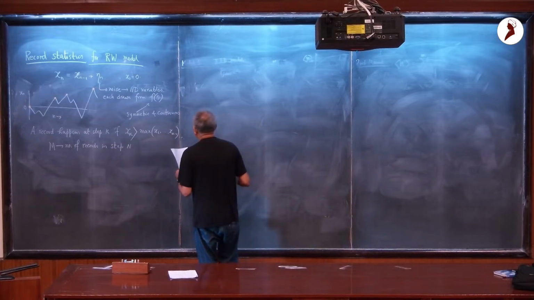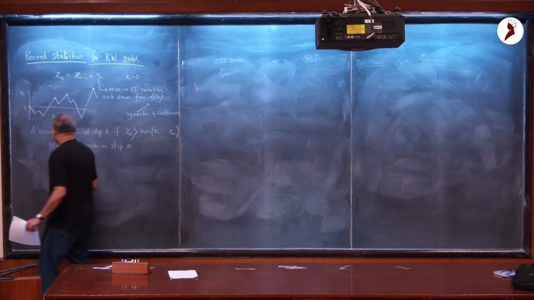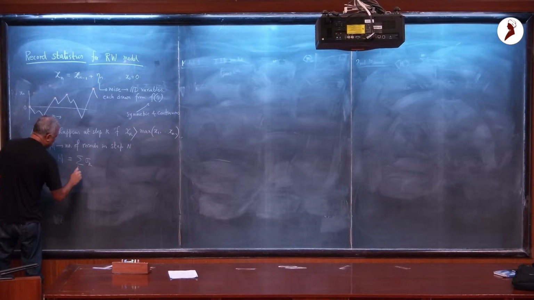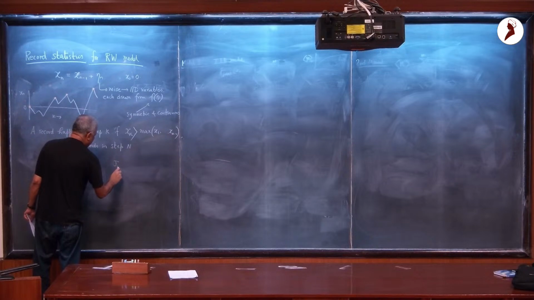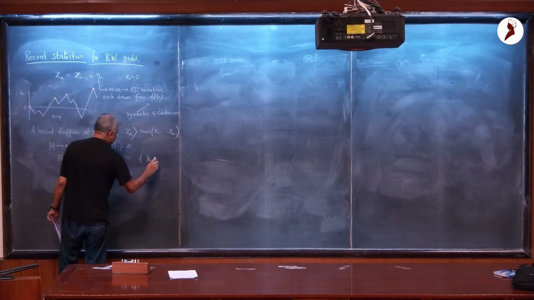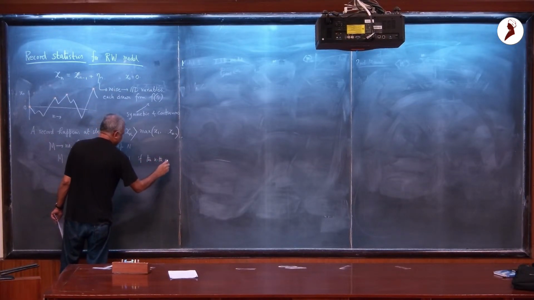So as before, like in the IID case, we can write this M as a summation of sigma_k, k goes from 1 to n, where the sigma_k's are binary variables, either 1 if the kth entry is a record, and 0 otherwise.